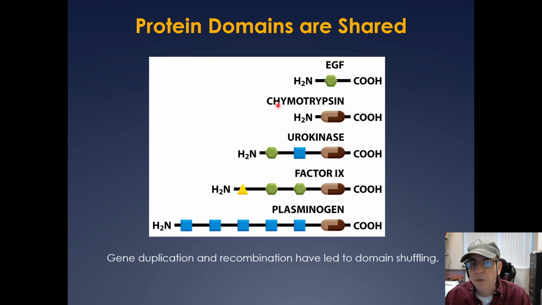Chymotrypsin also has this domain, and it also occurs in urokinase, plasminogen, and so you can see here the different protein domains are shared with different proteins, right? And this actually has to do with gene duplication and recombination, and some domain shuffling that can occur. And we'll talk about genetic recombination in some upcoming lectures.